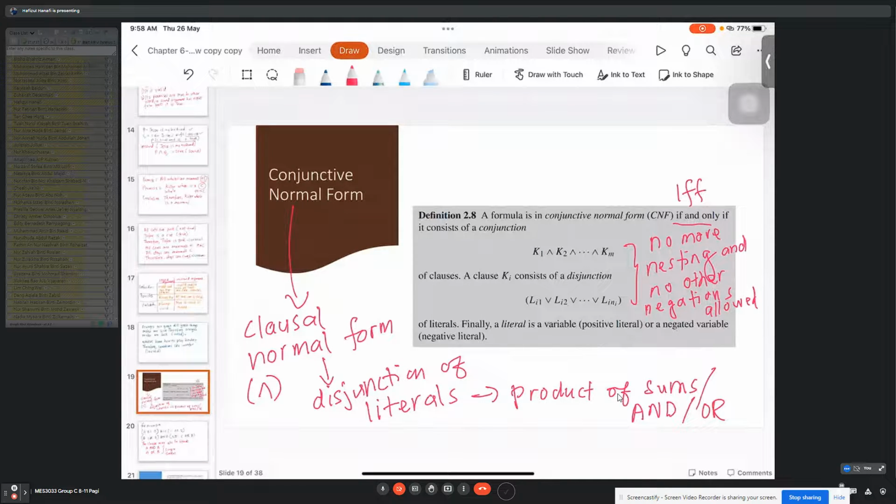Each Ki consists of a conjunction and disjunction, with no more nesting and no other negation allowed. These are the clauses, or disjunctions of literals. Otherwise, you need to put the product of sums, the ANDs of ORs. This is a canonical normal form. It's useful in automated theorem proving and also for circuit theory.